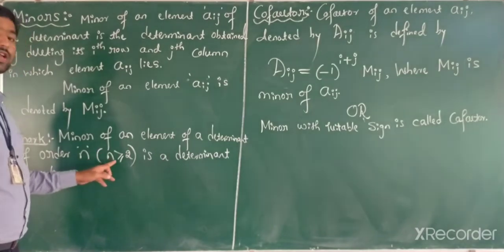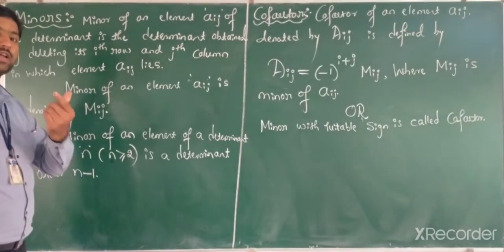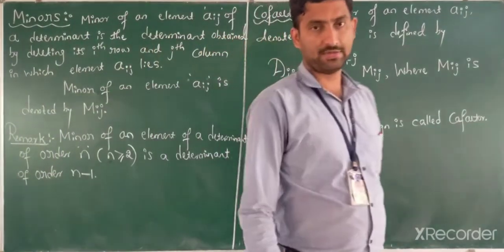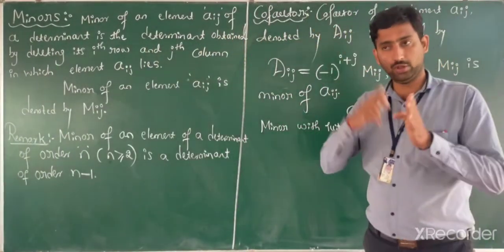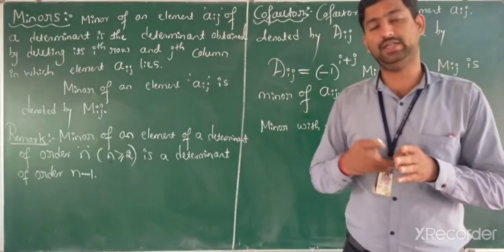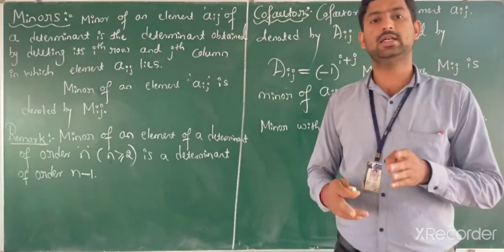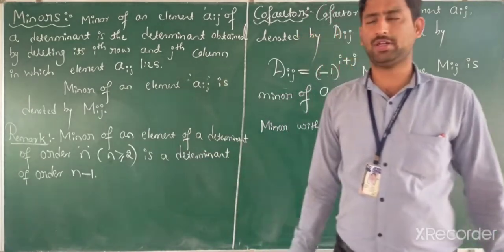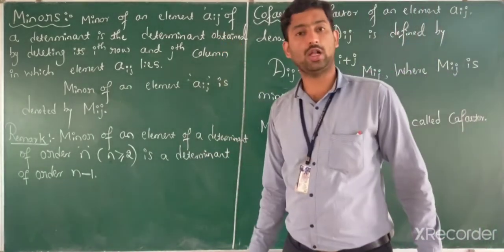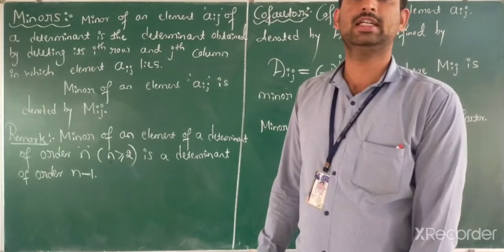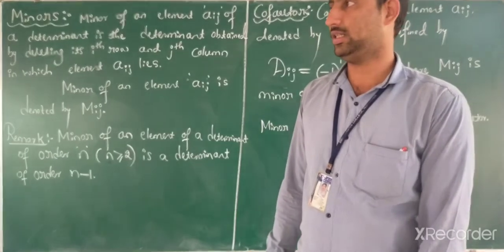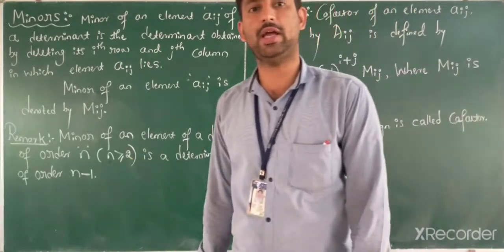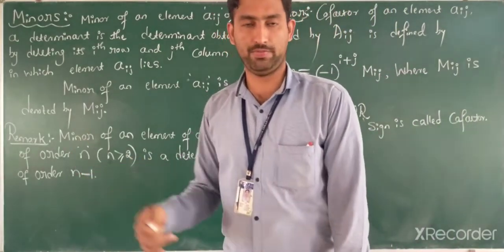But for a 1 cross 1 square matrix of order 1, the minor does not take place. Even though it is a square matrix and has a determinant, it does not have a minor because the definition does not allow for a 1 cross 1 matrix.